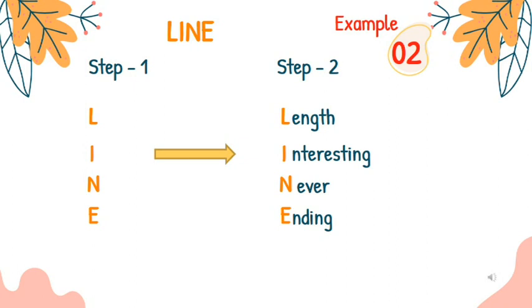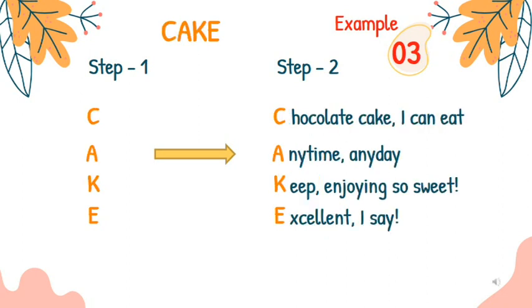Students, now the examples that I have shown you have the poems written in words, but acrostic poems can be written in phrases or sentences as well. Let's see an example. Here's an acrostic poem I created for the word cake. As you can see, this poem is phrases, not words, so the poem goes: Chocolate cake I can eat anytime, any day.